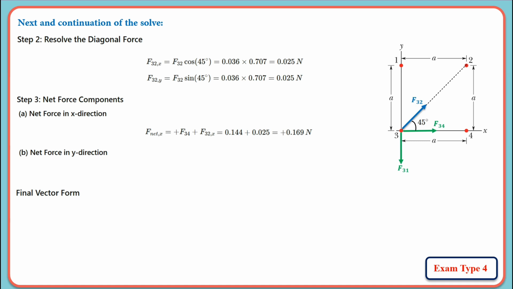In the y direction, F31 is negative and F32y is positive. So F net y equals minus 0.072 plus 0.025, which gives minus 0.047 newtons. Finally, we write the net force in vector form. This is the final answer.